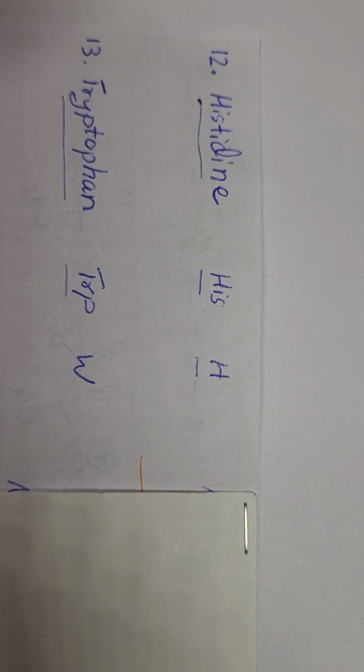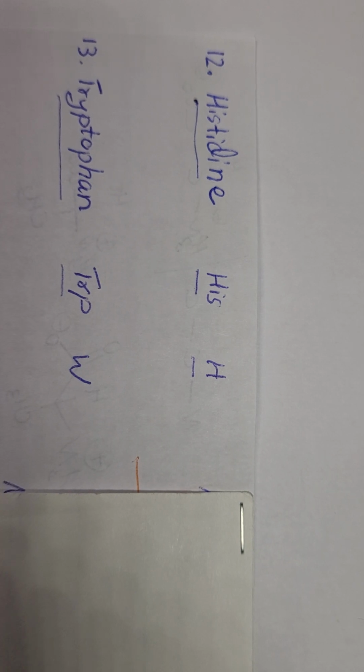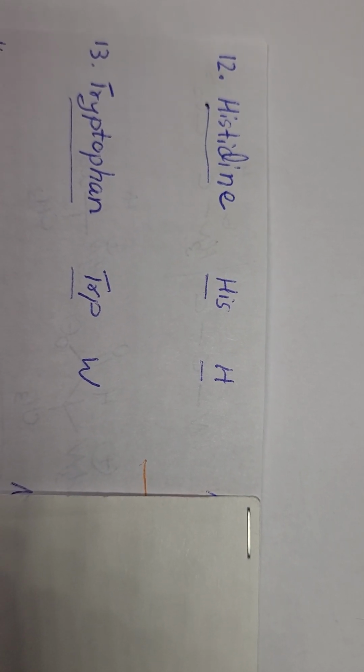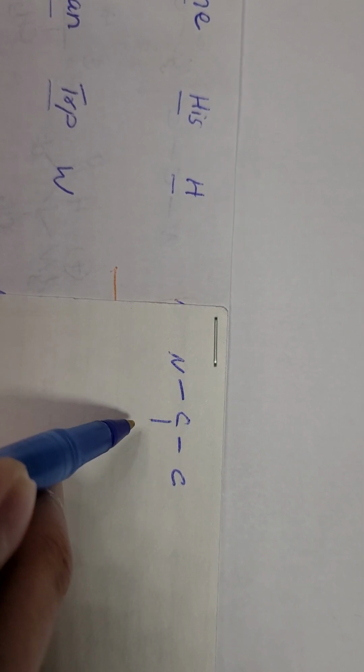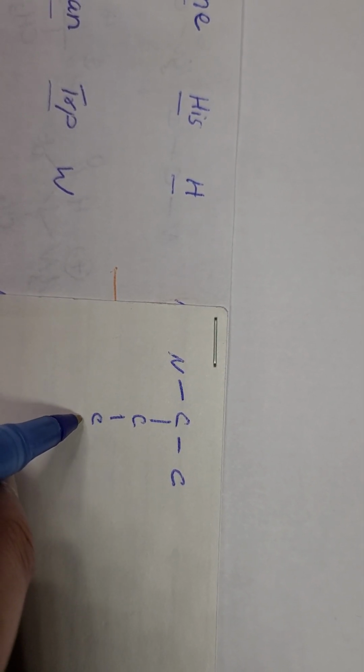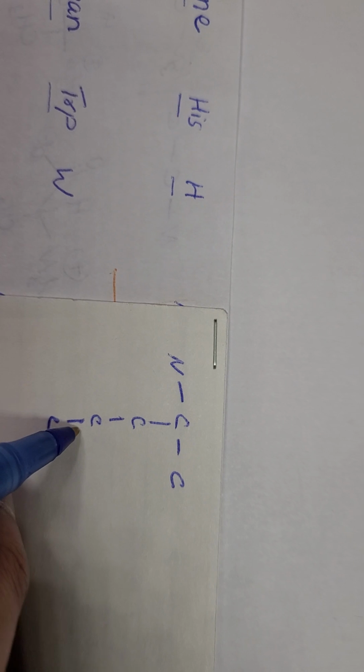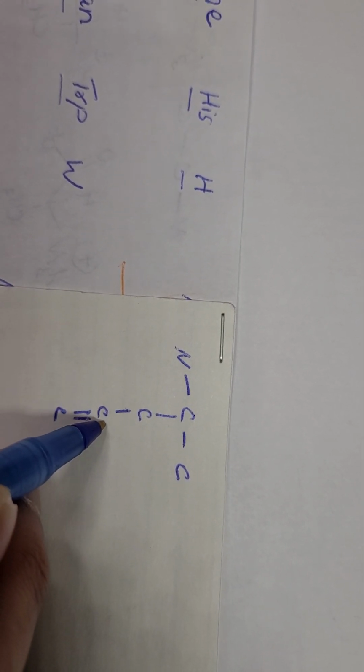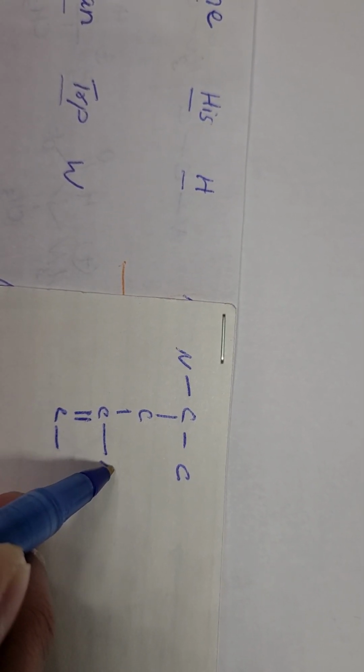Hello everyone, let's go back to our study: how to memorize histidine. H, I, S, or H. Okay, the way to draw the concept: NCC, draw around 3 carbon, make it double bond, and break it to be his.